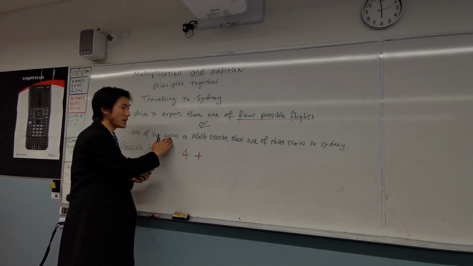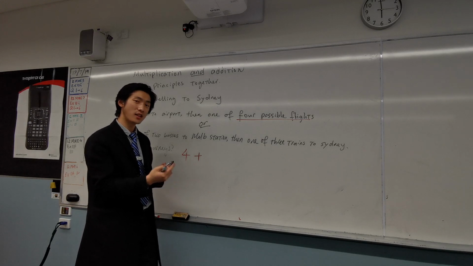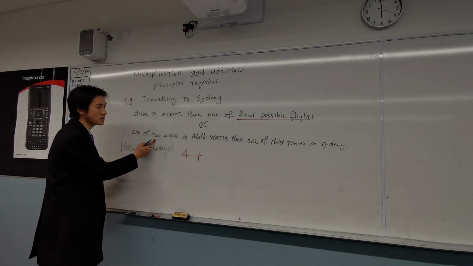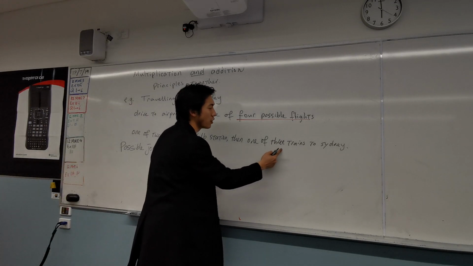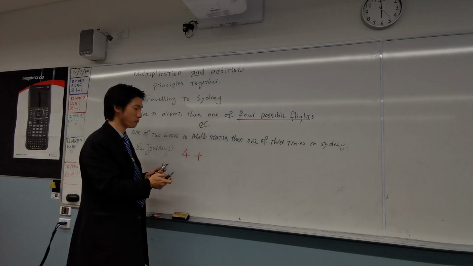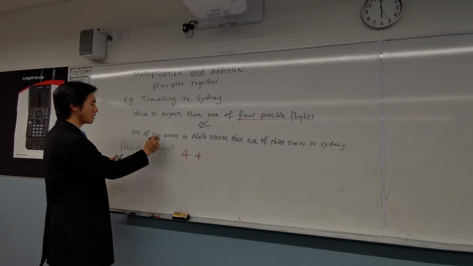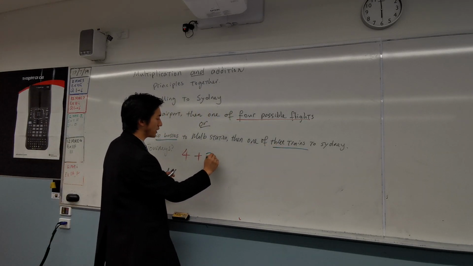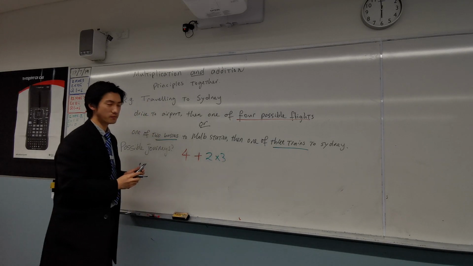Now you take a bus and then take a train. There's that hint to use the multiplication rule, because I know each of these buses has 3 different trains to choose from. So the number of ways based on buses and trains would be 2 buses by 3 trains.